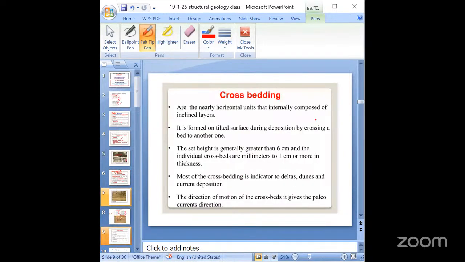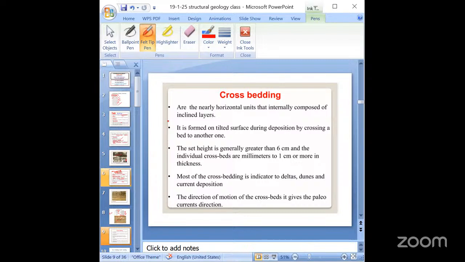Now we are going to cross bedding. So cross bedding consists of sets of bedded material deposited by which one?